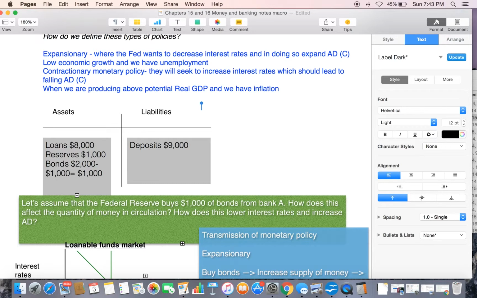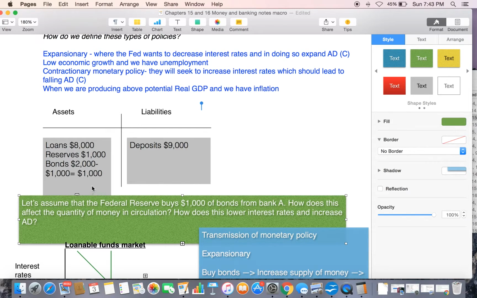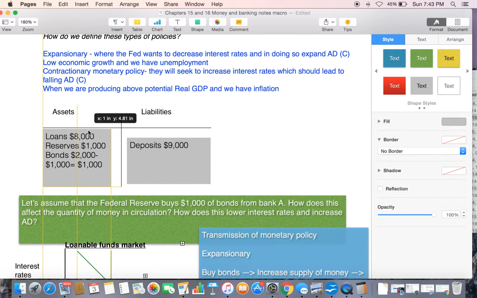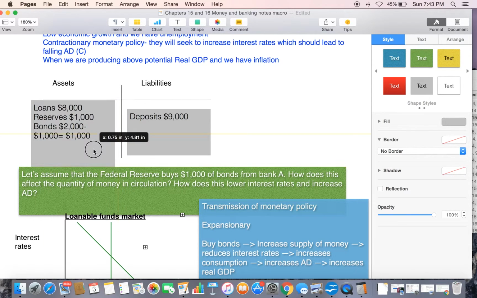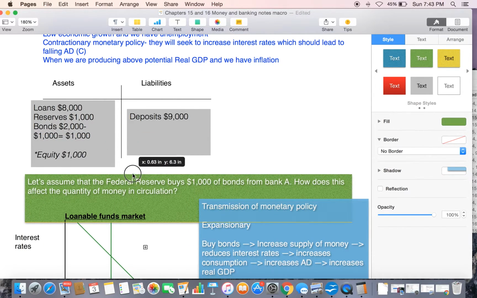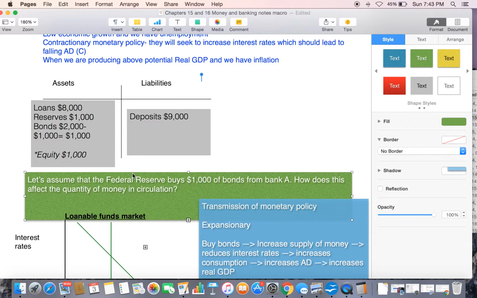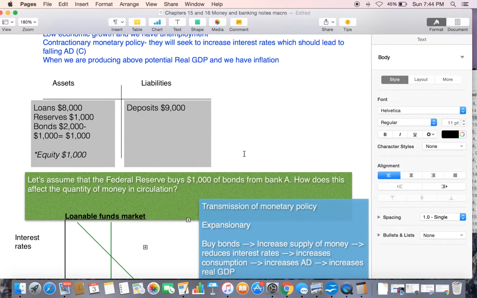So what happened here? What happened was that we were selling some of the bonds that we had to the Federal Reserve. And when we sell those bonds to the Federal Reserve, we now have a different amount of money that we're able to balance against our deposits for our required reserve ratio.